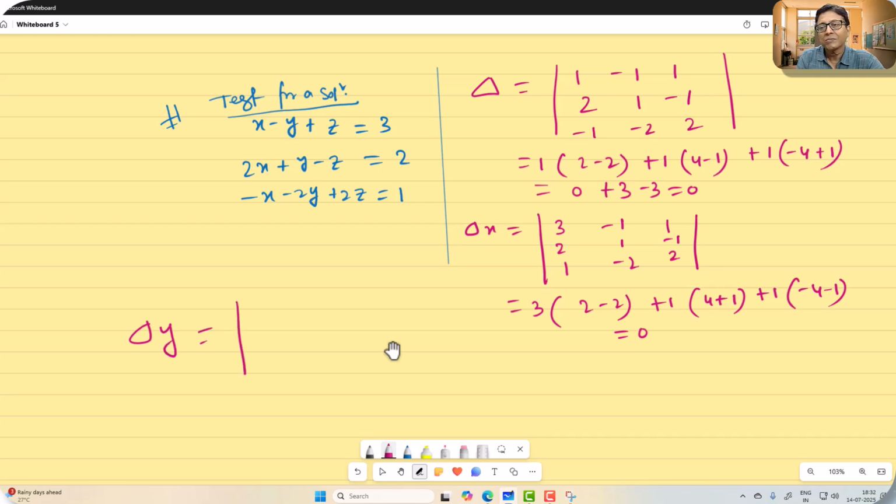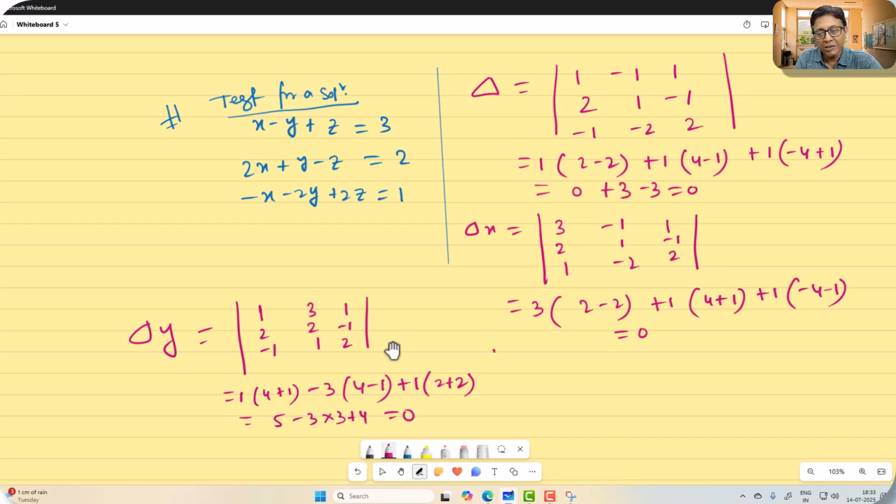Delta y, just replace this one by 3, 2, 1. 1, 2 minus 1, 3, 2, 1. 4 plus 1 minus 3 into 4 minus 1 plus 1 into 2 plus 2. So 5 minus 3 into 3 plus 4, that is 0.